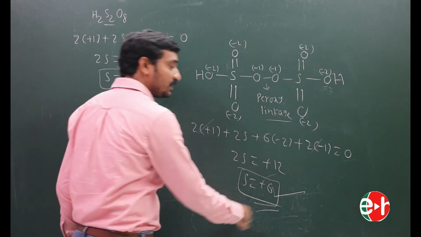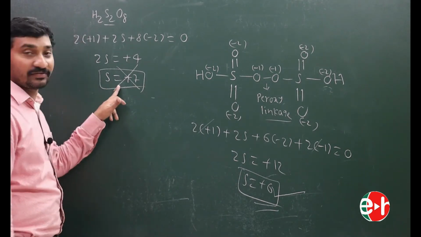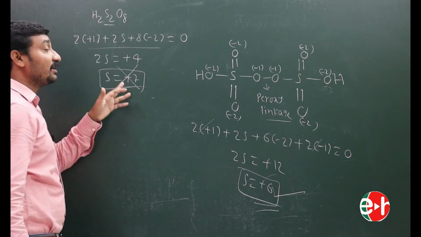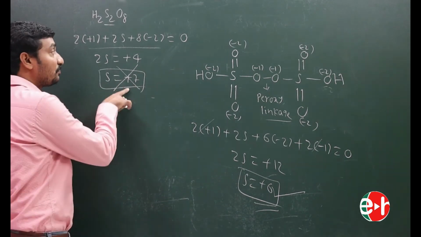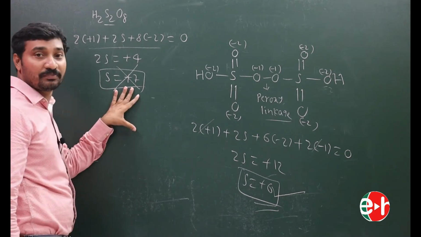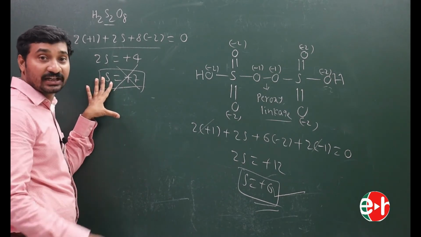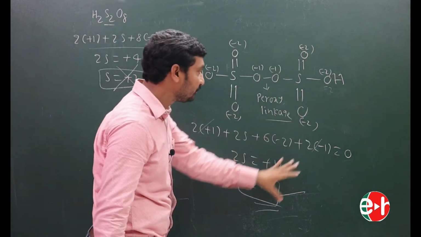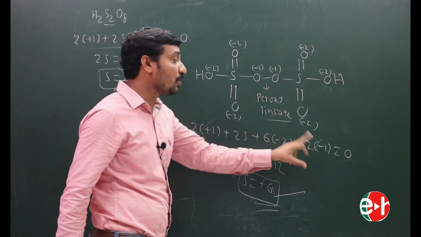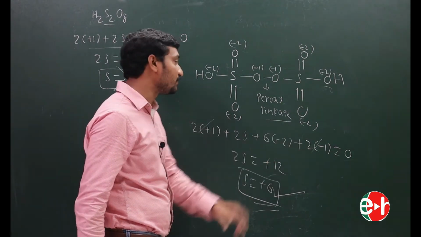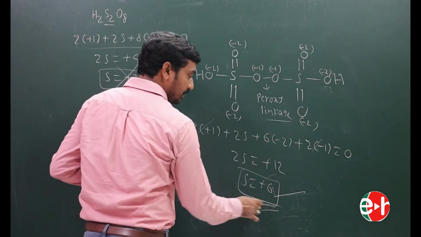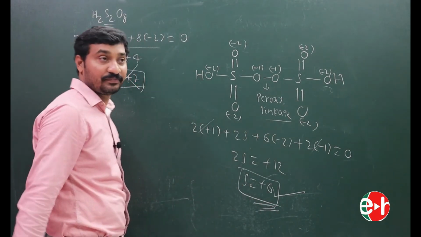This is the correct oxidation state, +6, but not +7. +7 is not possible because the sulfur maximum oxidation state is its group number 6, that is +6. So we calculate the sulfur oxidation state based on this structure. 2 oxygens have the peroxy linkage, that's why their oxidation state is -1, and the remaining 6 oxygens are -2. So based on this we are getting +6.